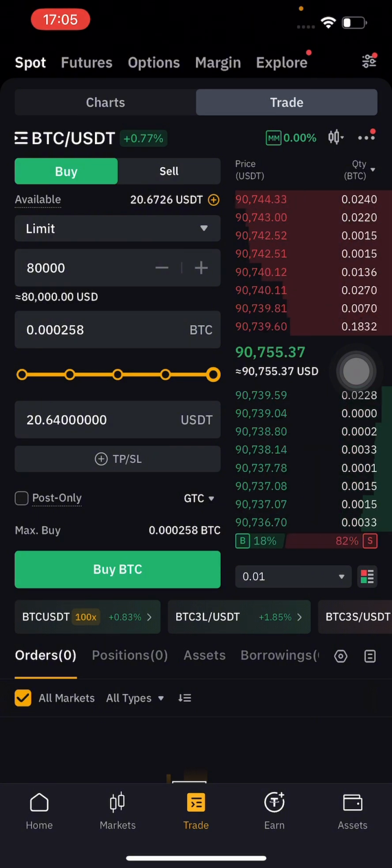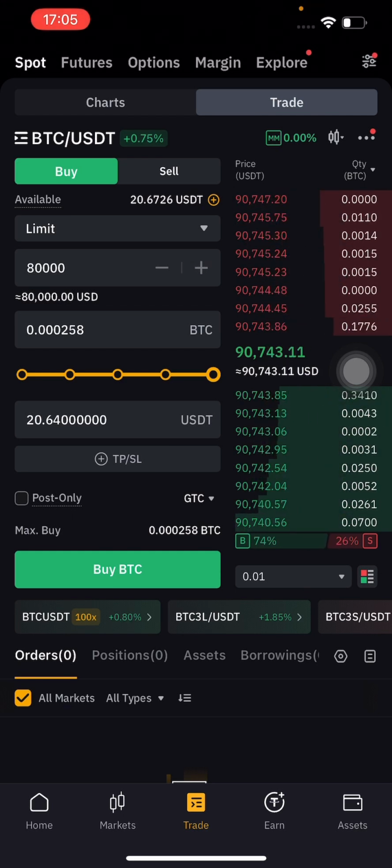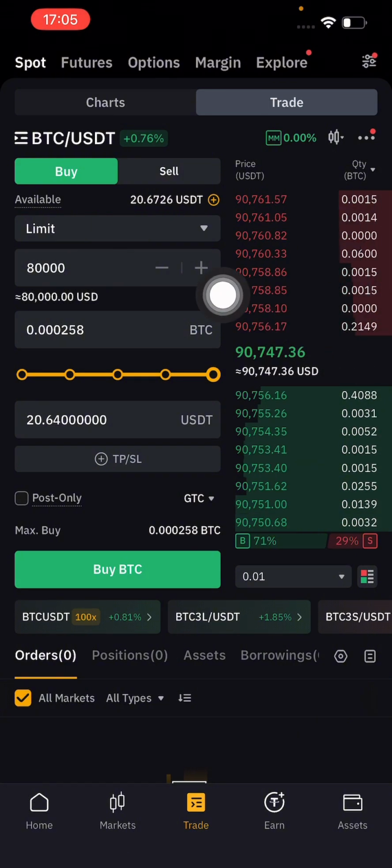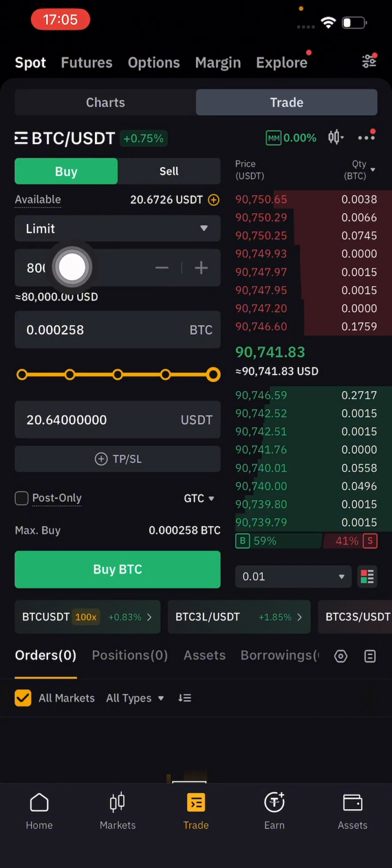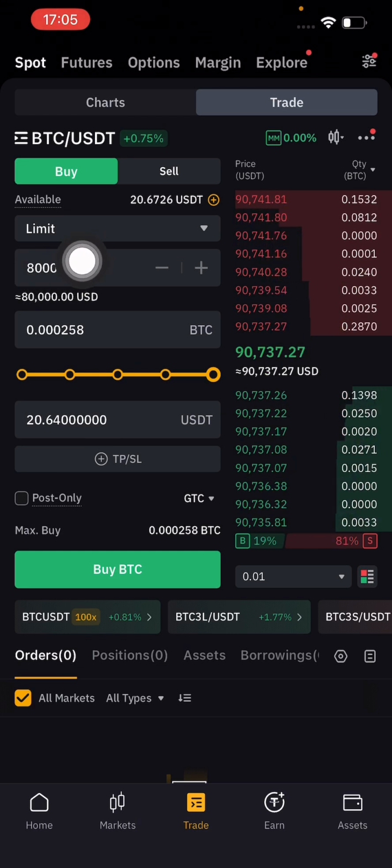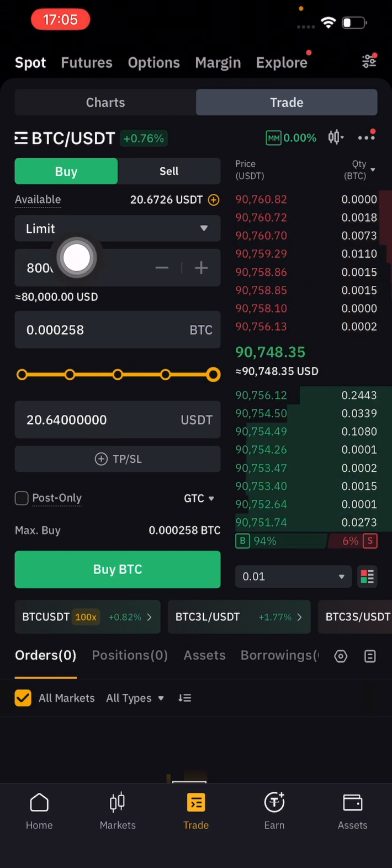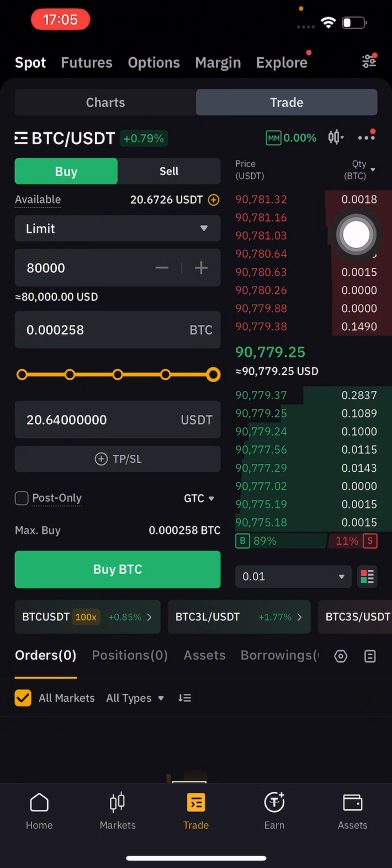And remember, since it's a limit order, I'm not going to see it in my assets right now. Why? Because the price of Bitcoin has not dropped and reached this 80,000 that I specified here. So the price that you specify here, once the price of the Bitcoin drops and reaches there, that's when you're going to be in the trade. That's when the trade is going to be executed.